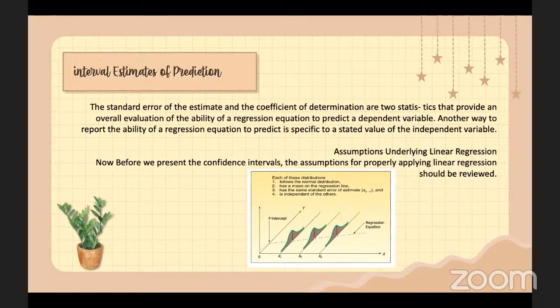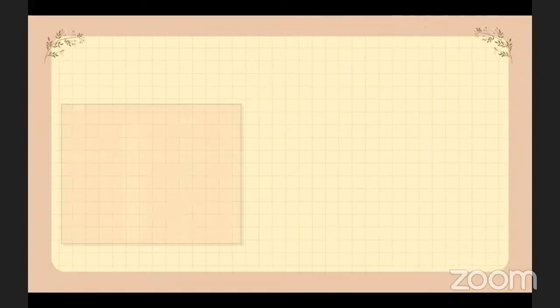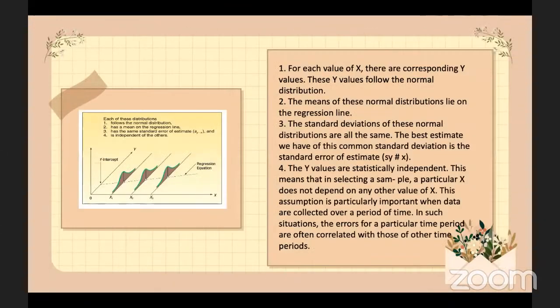And before we present the confidence intervals, the assumptions for properly applying linear regression should be reviewed. The first is for each value of x, there are corresponding y values. These y values follow the normal distribution.